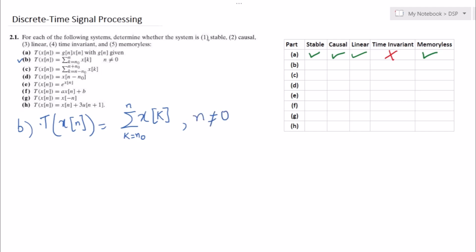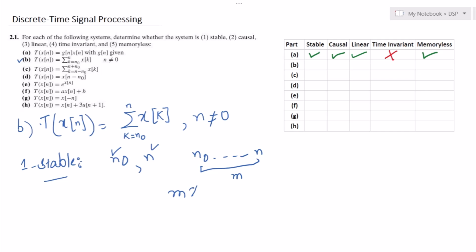Okay, so again, let us first find whether this is stable or not. In order to find the stability, we don't know what the value of n0 is and what the value of n is and where it moves. So when the x of k terms are added, let us suppose that from n0 up to n we have m number of items, so here it would be m times x of n.